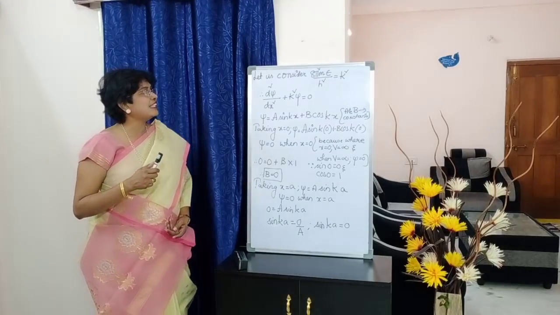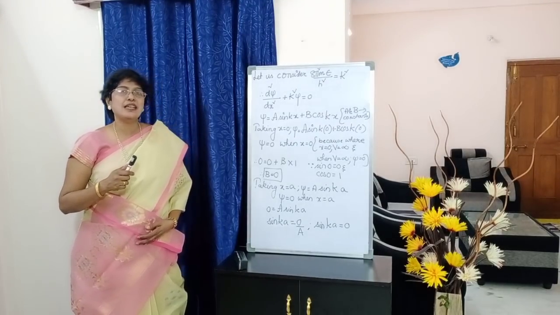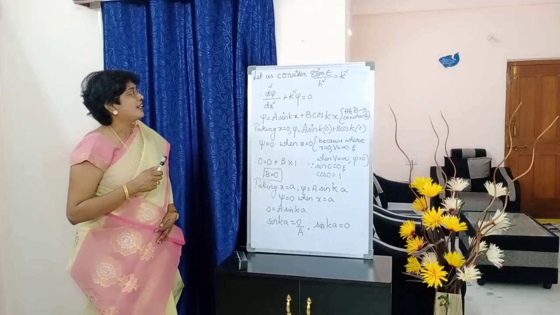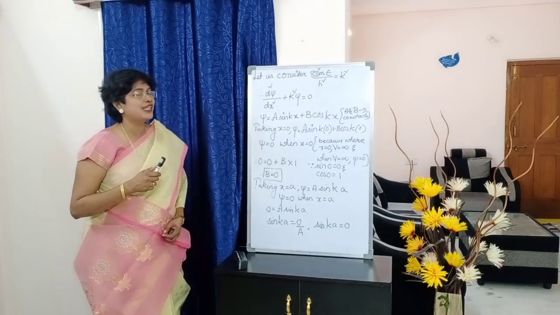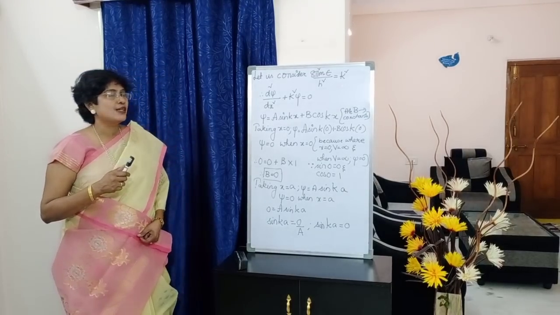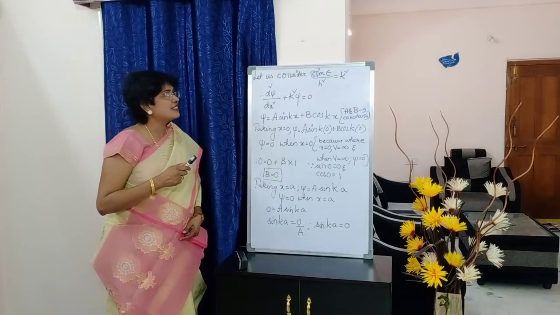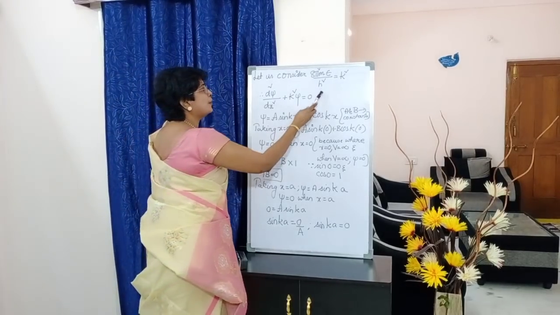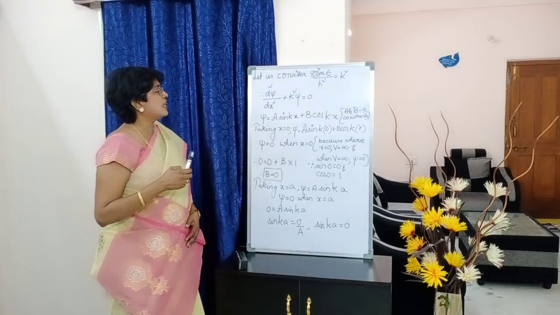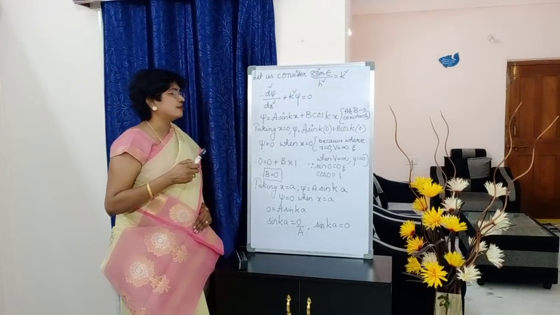After considering 8 pi square m by h square into e as k square, what happens to that equation? Write down d square psi by dx square plus k square psi is equal to 0.